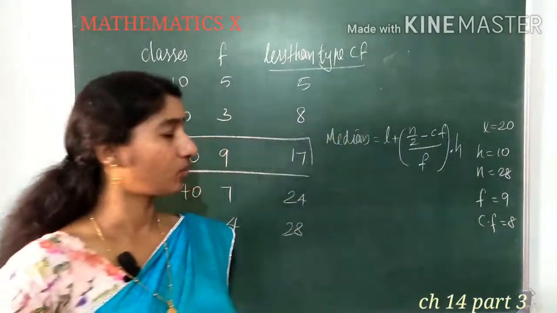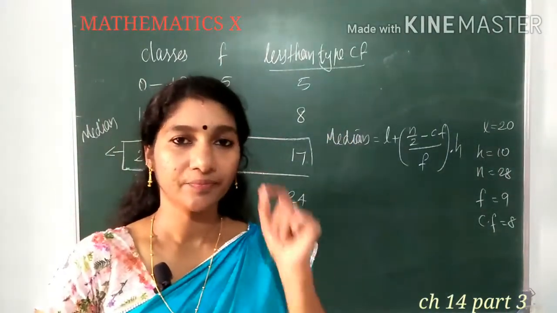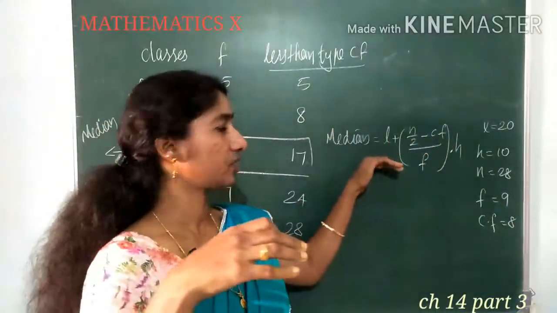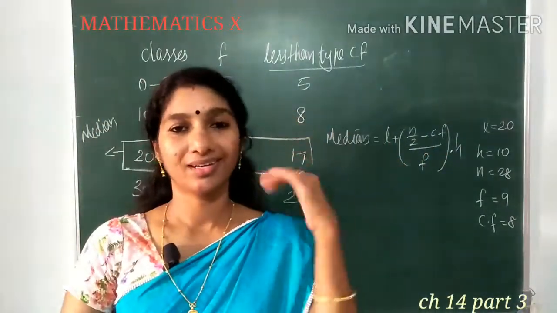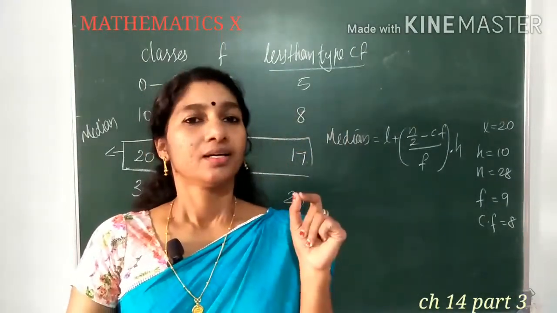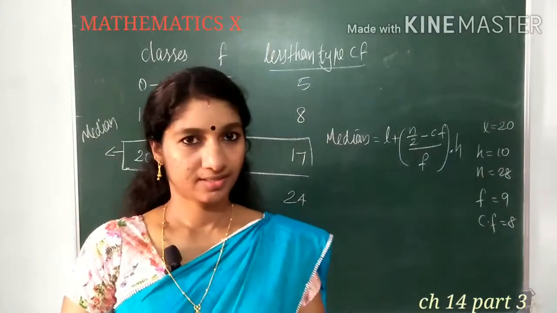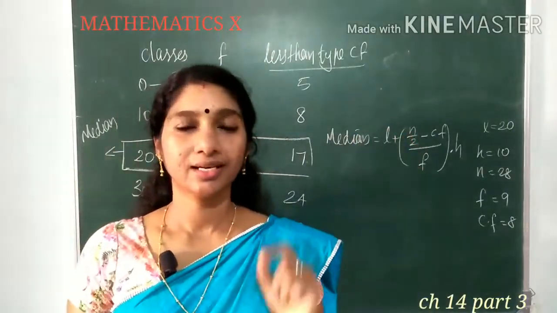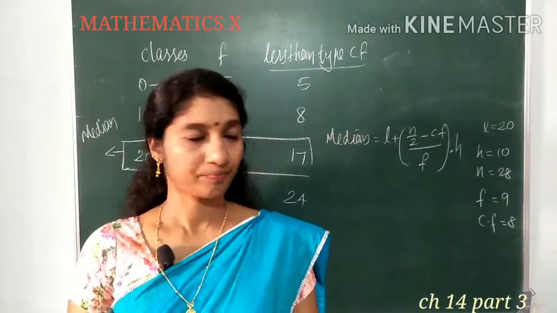And just to list out what they are. When you are writing the equation, starting with median is equal to this equation, you have to tell what these notations are. So you need to write L equal to lower limit of the median class. N is the total number of observations.